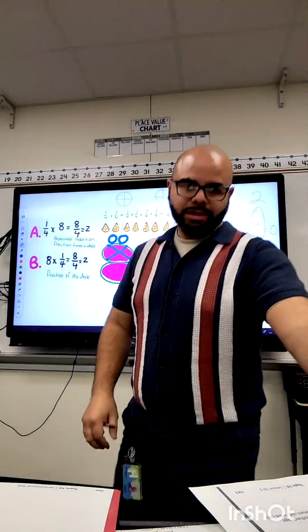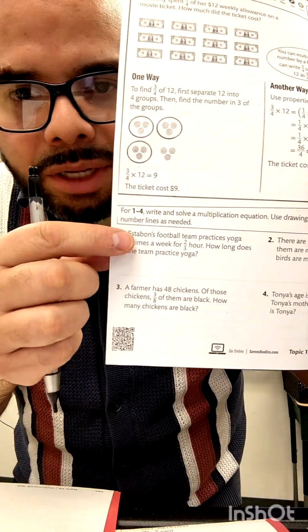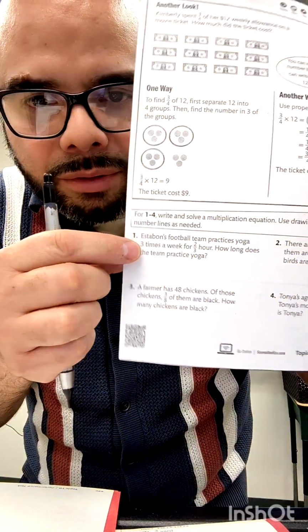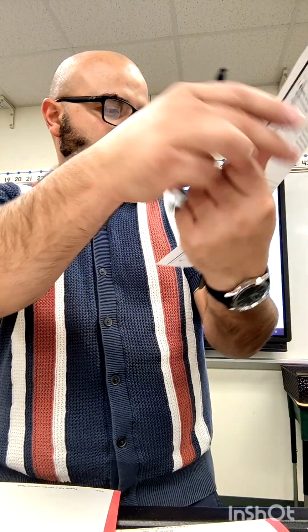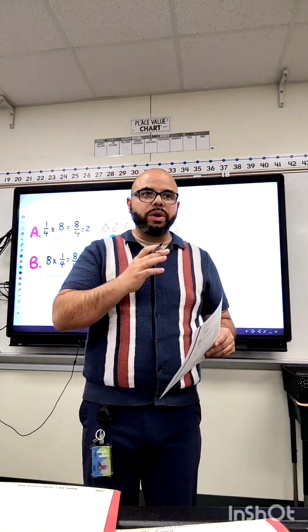Okay? But look at this wording in the word problem. It says Esteban's football team practices yoga 3 times a week for 2/3 of an hour. That should give you a clue. Okay, 3 times a week.